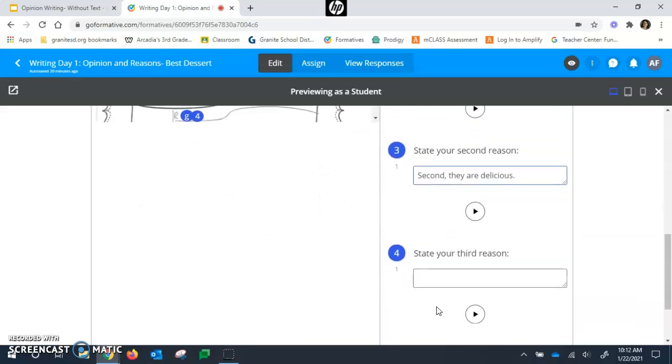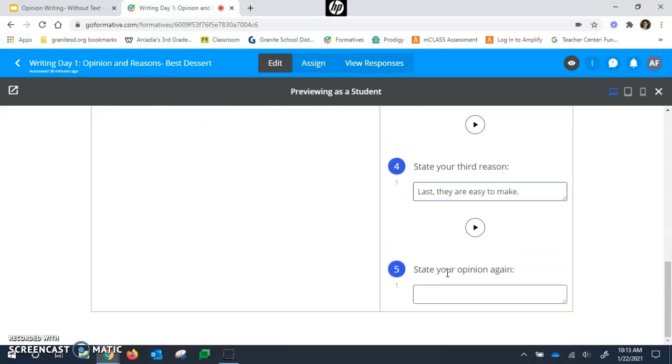Very simple, and that's supporting my opinion. Once again, that is my opinion that I think they're delicious, but now I gave that to support why they are the best. And then my third reason, it could be last, they are easy to make. Very simple.